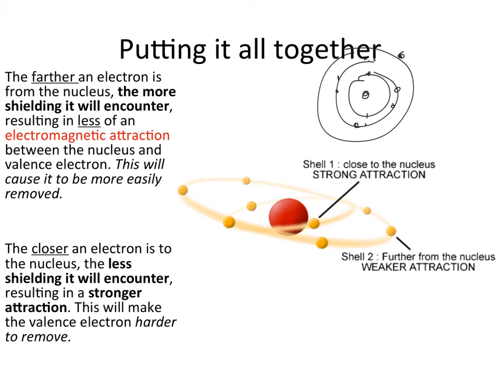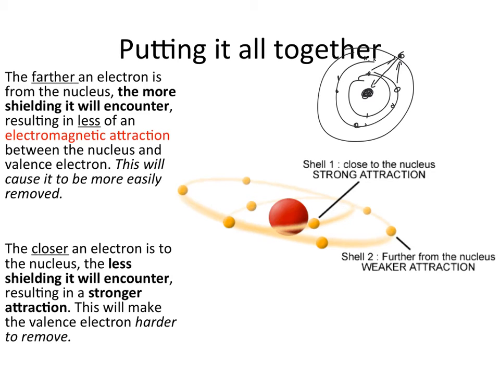So it would have to look through all of these things and also be repelled by all of these electrons at the same time. So the farther it is, the more shielding it's going to encounter and the less attraction it has to this positive nucleus. If it has less attraction, it's going to be ripped off more easily. It's going to require less energy to be ripped off, so it's going to be more easily removed.